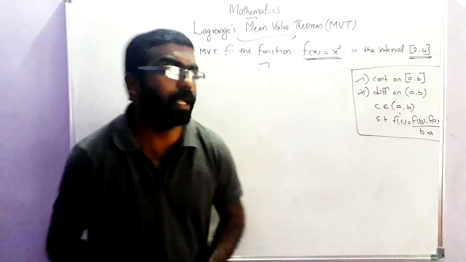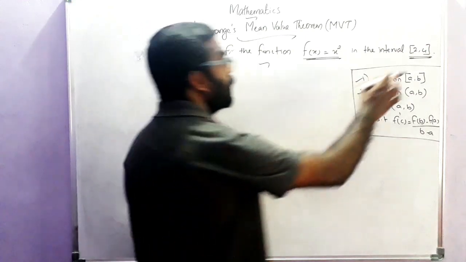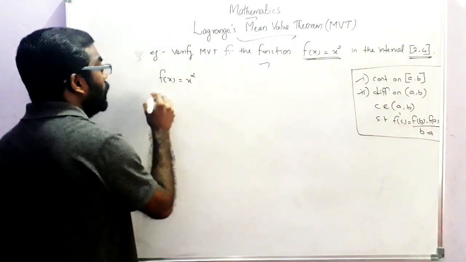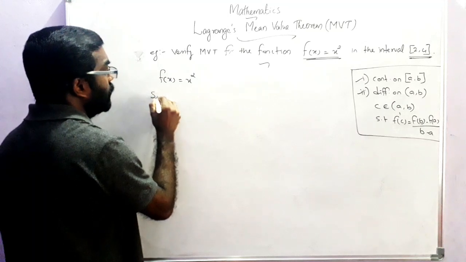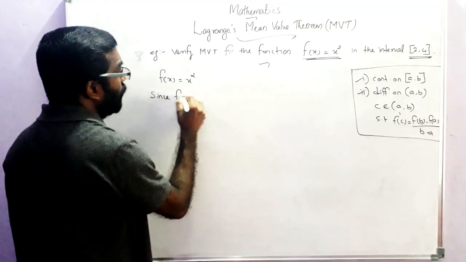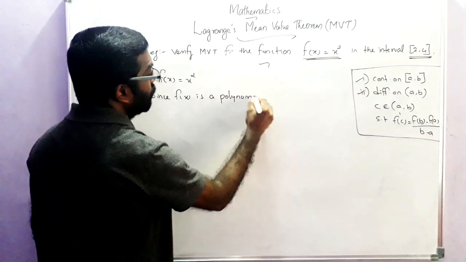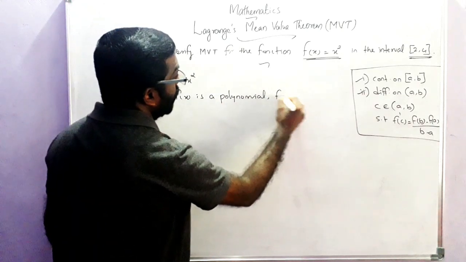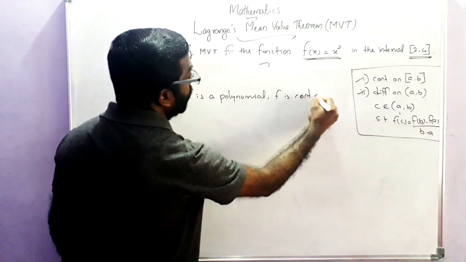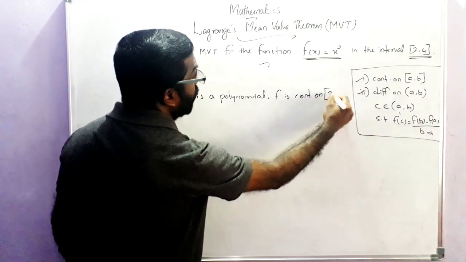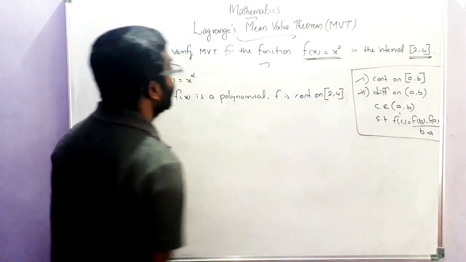Since it is a polynomial, it is continuous on the closed interval [2, 4]. So first we can write: since f(x) is a polynomial, f is continuous on the closed interval [2, 4].